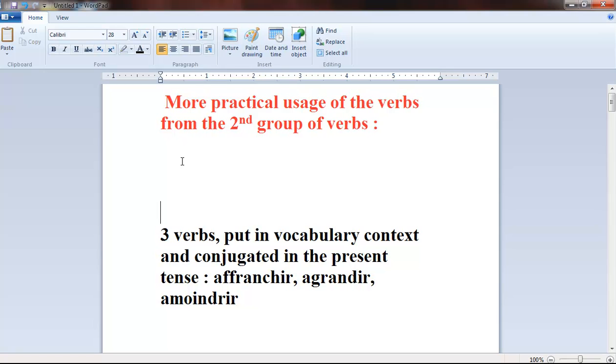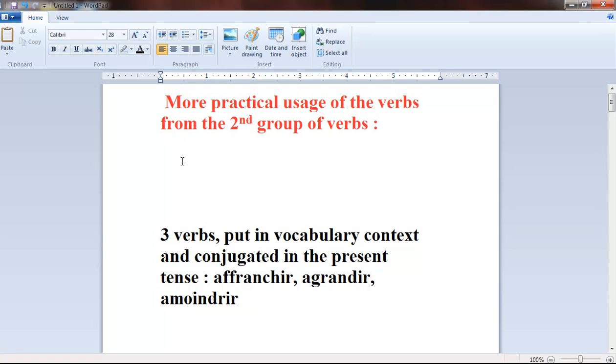Last week I explained how the conjugation takes place, what are the endings that you append to the root taken from the infinitive form of the verb, and how you conjugate these verbs of the second group in present tense simple.